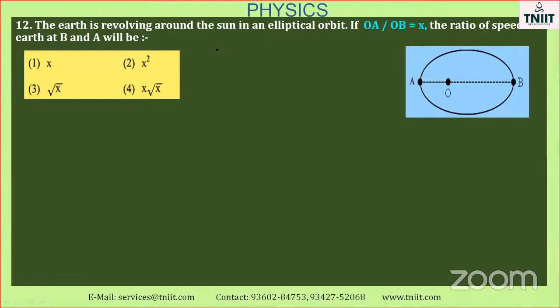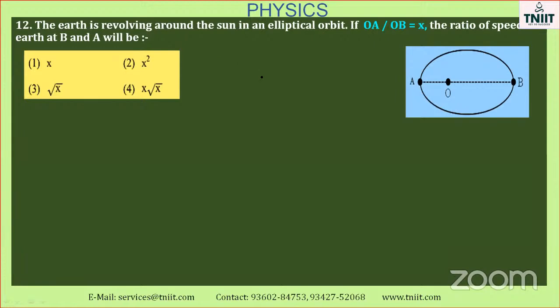The Earth is revolving around the Sun in an elliptical orbit. What is the OA by OB ratio? OA by OB ratio is X. What is the ratio of the speed?